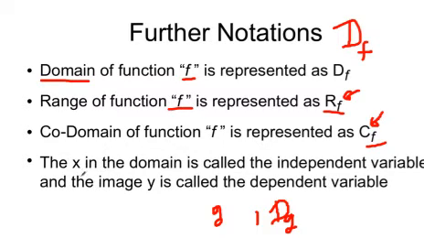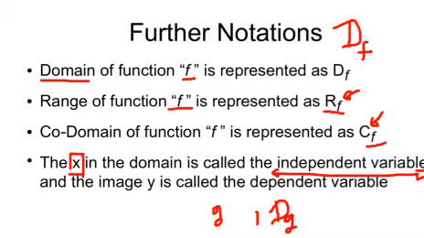Another thing you should know is that the x in the domain is called the independent variable, right? So what we usually do is we change the inputs. Even when it comes to cooking, we change the recipe, the input that goes into the recipe. When we change the recipes, we have to change the input as well.